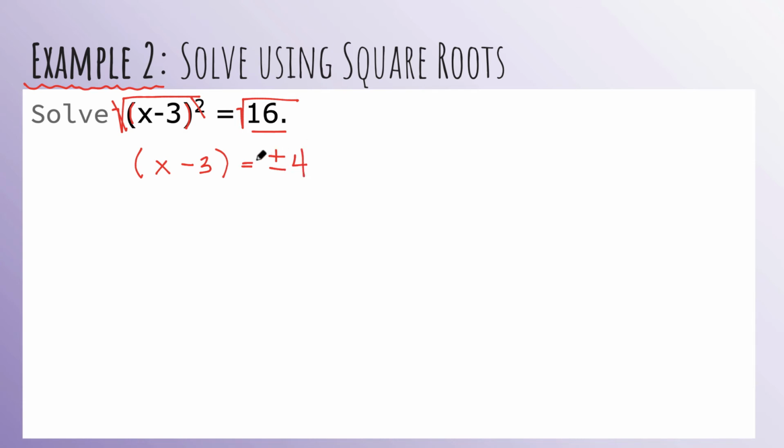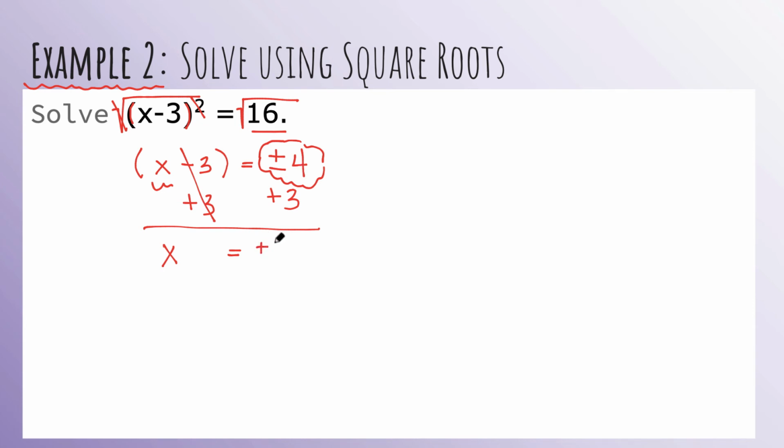Okay? So the next step, we've got to get the x by itself. We're going to add 3 to both sides. When we add 3 to both sides, the 3 cancels off on the left, and x is by itself. Then we have positive 4 and negative 4 plus 3. We have to break this up into two pieces, because this could either take on a positive 4 or a negative 4 value.